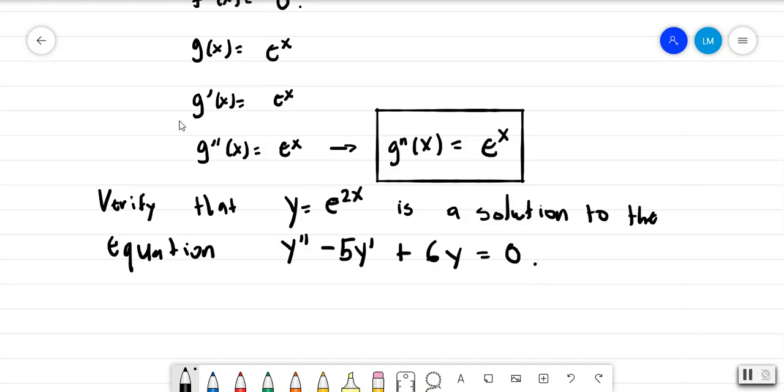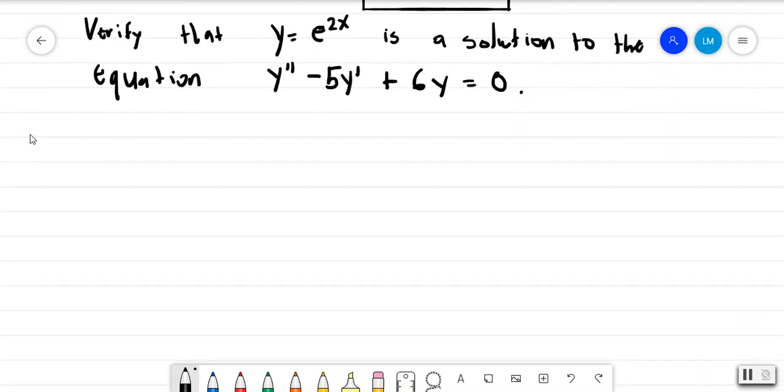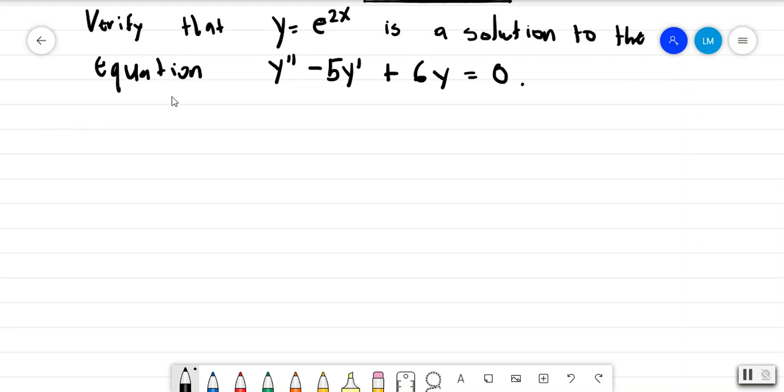Well, this is actually not too bad because essentially all that we need to do is look at the first derivative, second derivative, and so on. So we know that y equals e to the 2x, the first derivative is 2e to the 2x, and the second derivative is just 4e to the 2x.